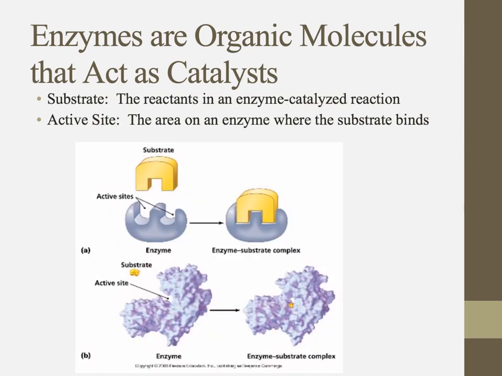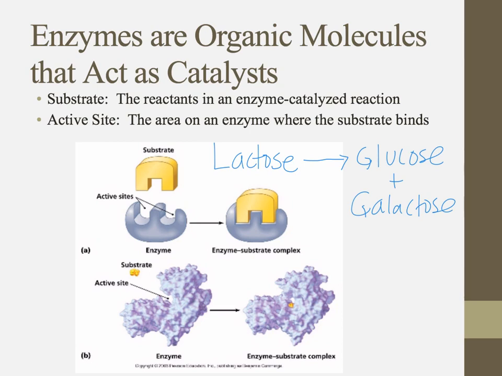Now, why is that shape so important? Well, that's because it has to have a very particular active site. The active site is the spot on an enzyme where the substrate attaches. Substrate is just another name for the reactant in an enzyme catalyzed reaction. So for example, in order to break down the lactose that's in milk into its monosaccharide components of glucose and galactose, you need to add in an enzyme called lactase.